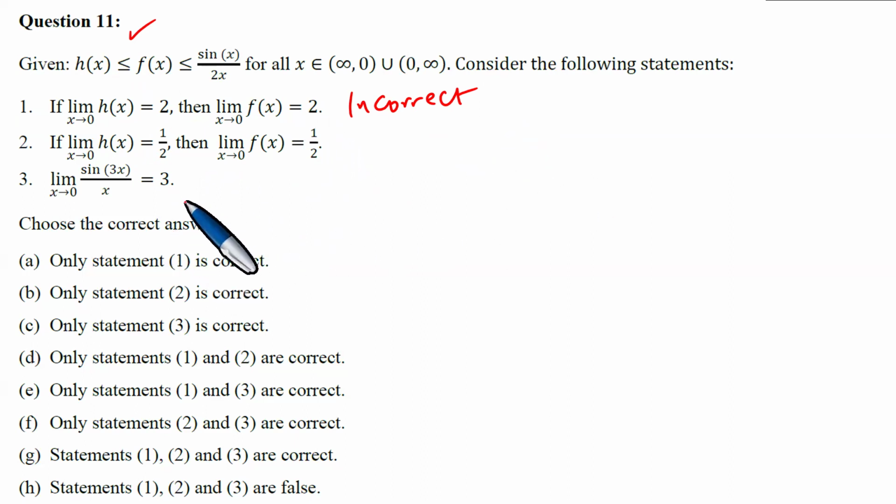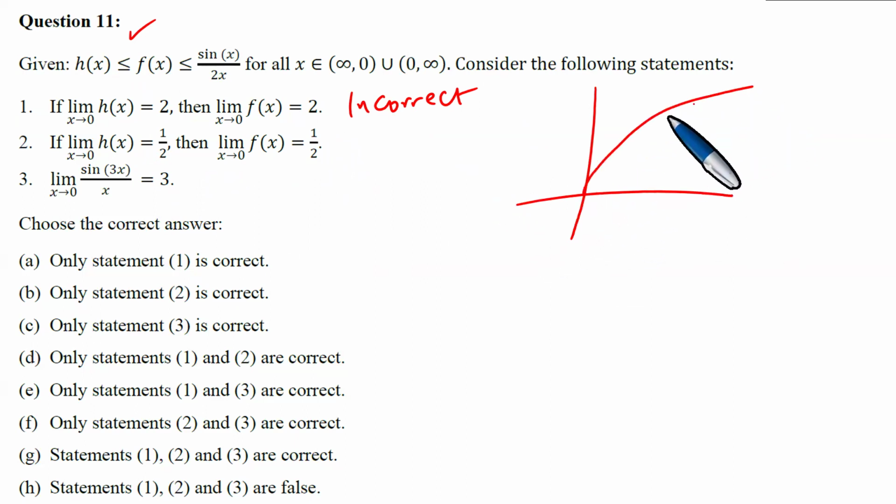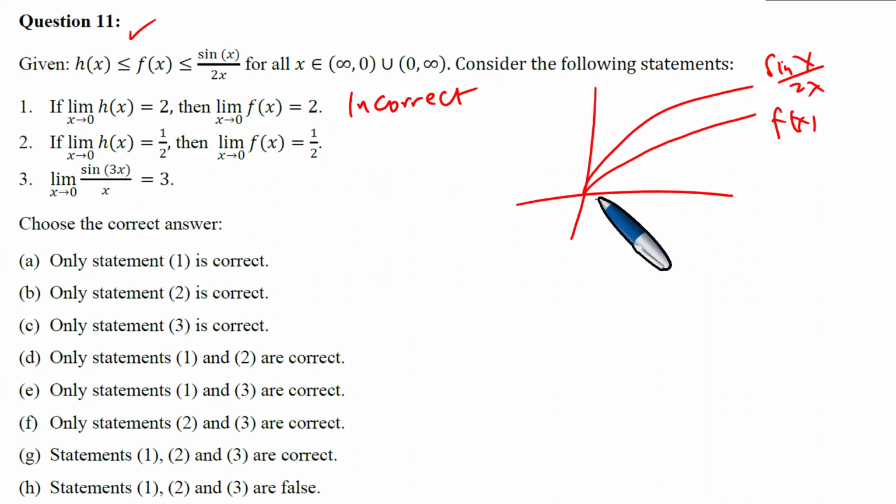Next point, because whatever you're having here, you can use the graphs and say there is the greatest of the functions, which is sin x over 2x. And then you have another one a little bit below, where f(x) is smaller than that one. And then you have this one here where h is the smallest of all the functions.